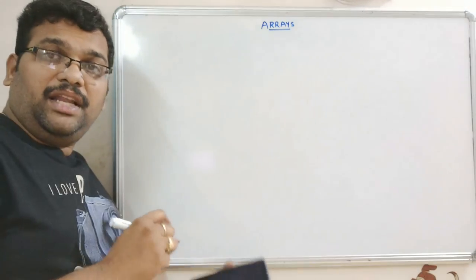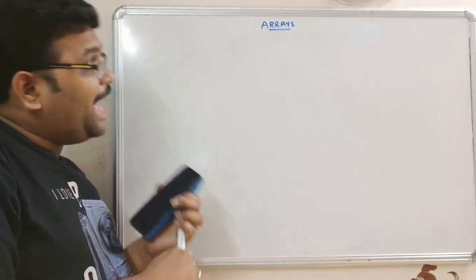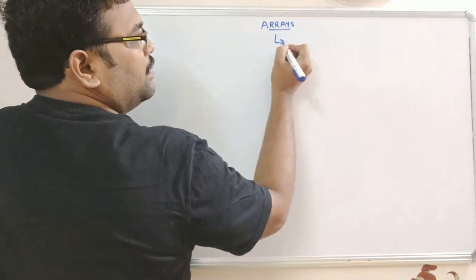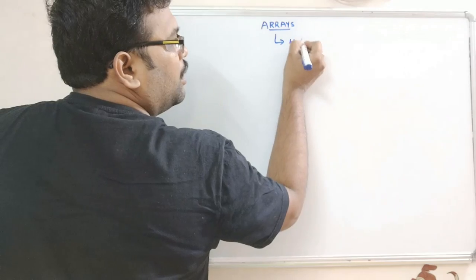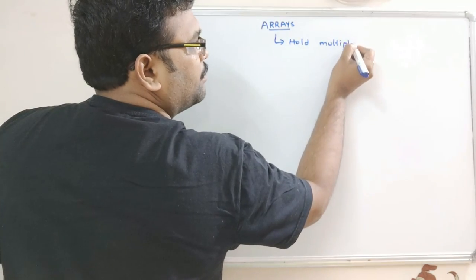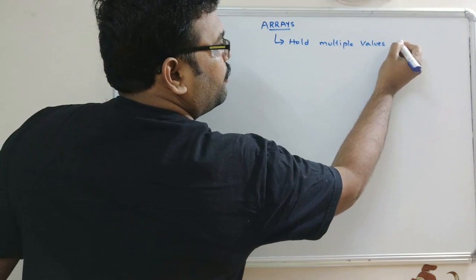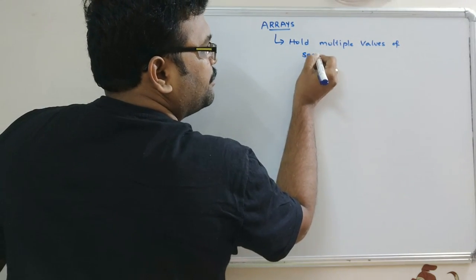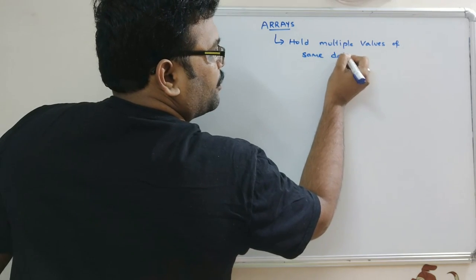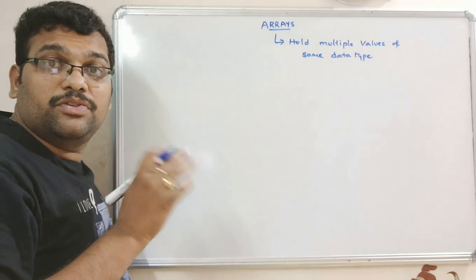So far we have seen a variable which can hold only one value, but here the array can hold multiple values of the same data type.